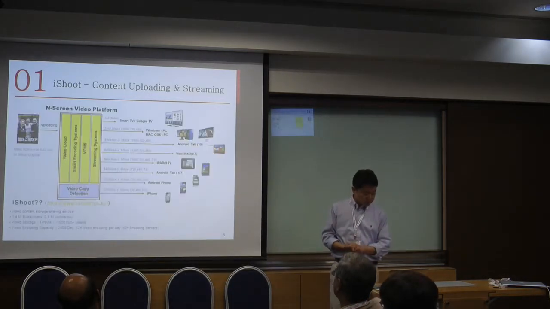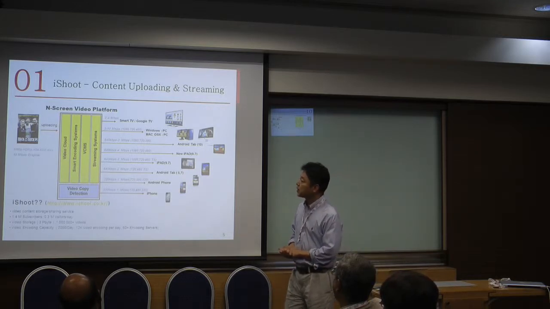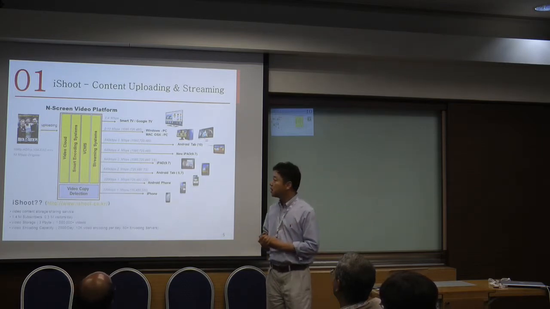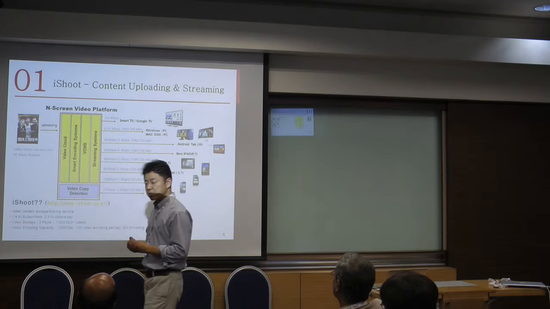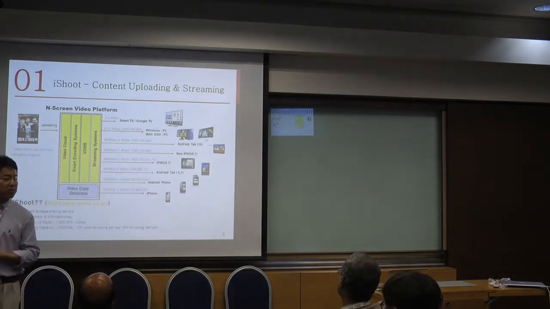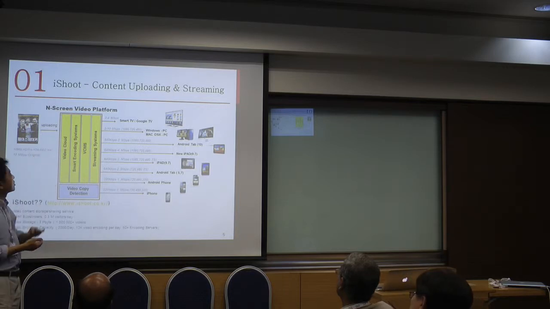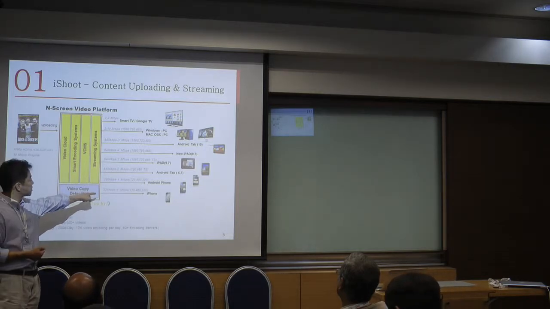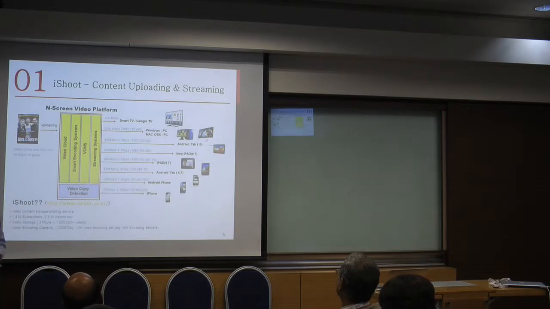So when we upload a video, our server automatically transcodes the original video content into multiple resolutions: 2 to 4 megabits per second for smart TV and Google TV, 2 to 10 megabits per second for PC, like 1080p, 720p and 480p, and 320 kilobits per second to 1 megabit per second for iPhone.